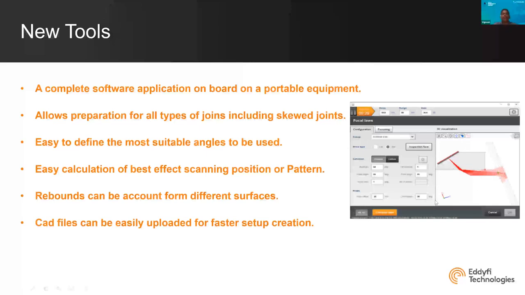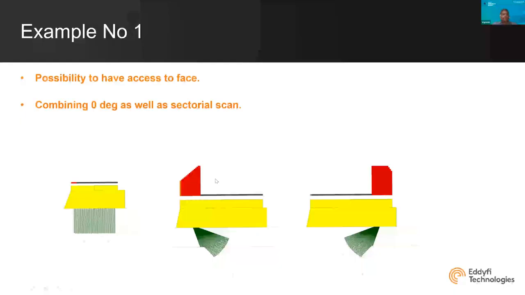These will calculate the rebound patterns coming from different surfaces, whether it's an angle, whether it's straight, etc. It quickly helps us to build a setup which is far more precise than what used to happen in the past. And then with this, we can also quickly make a scan plan.